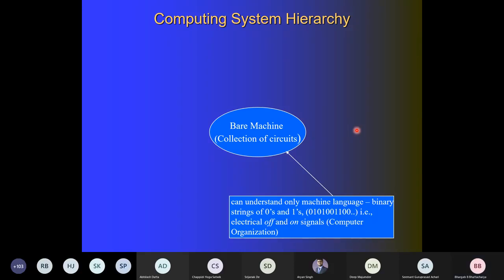Okay. So in the circuits, what do you have? Just focus on logic circuits only. What are the components of a logic circuit?